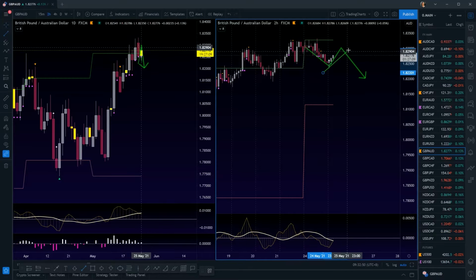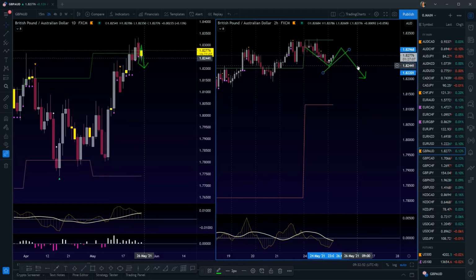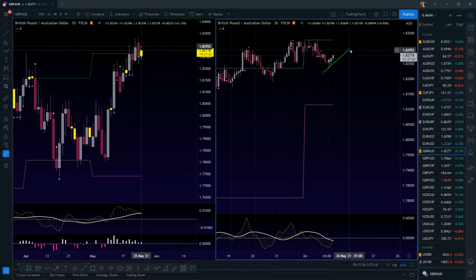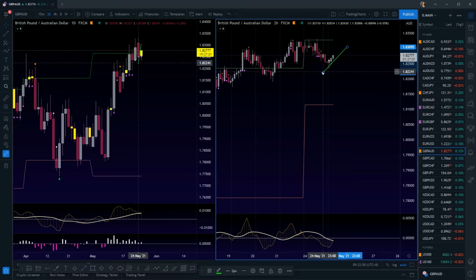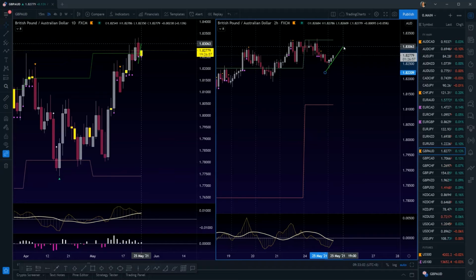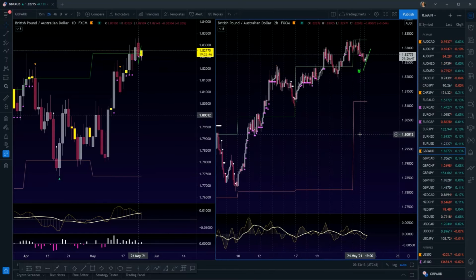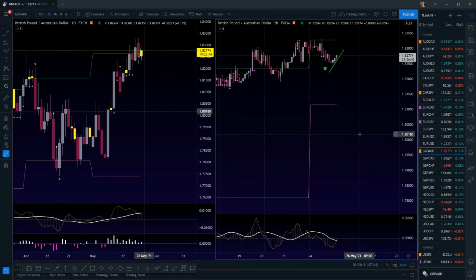So we'll just set a trend line here. Let's remove this because we know it's pretty steep. We'll just set it anyway, and then we'll see if anything happens.